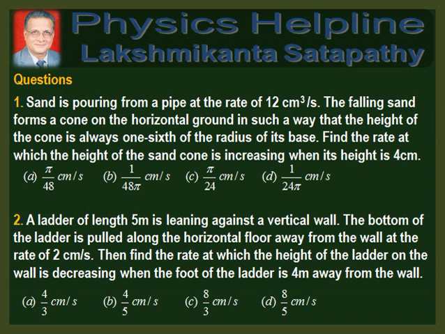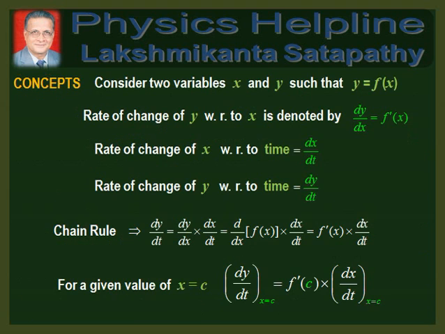Before proceeding to solve the problem, let us recall the related concepts. Consider two variables x and y such that y is equal to f(x). This means that y is a function of x and it changes whenever x changes.